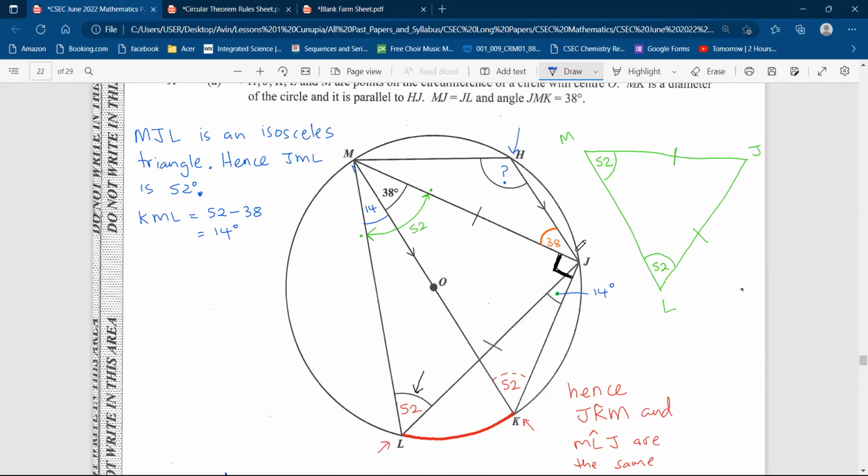Because all 4 corners are touching where? The circumference. The opposite angles must add up to how much? 180 degrees. So you just have to take the 52 and minus it from 180, and I guarantee you will see 128 degrees. For those who got it wrong, well, I hope you understand it now.